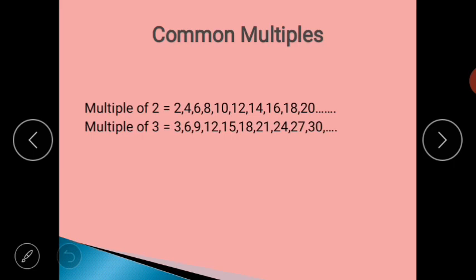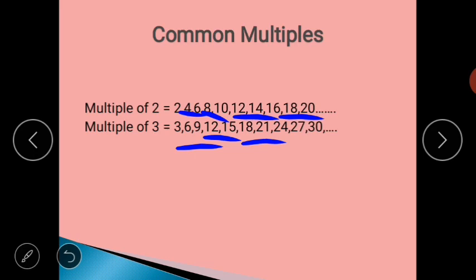Now we have to pick all the numbers which are in both lists, meaning in the list of multiples of 2 and in the list of multiples of 3. So you can observe that 6 is in both lists, 12 and 12, 18 and 18.